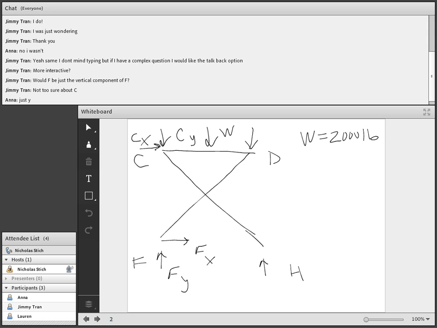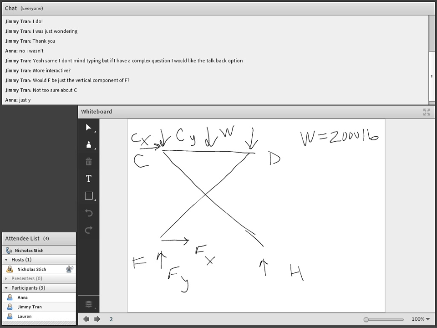Anyways, so with this simplified body that we just made, we still have the reaction forces here at Fy and Fx, because we're still cutting our structure at the pin supports, so we still have the reaction forces acting at F and H. So we still have our vertical forces here.